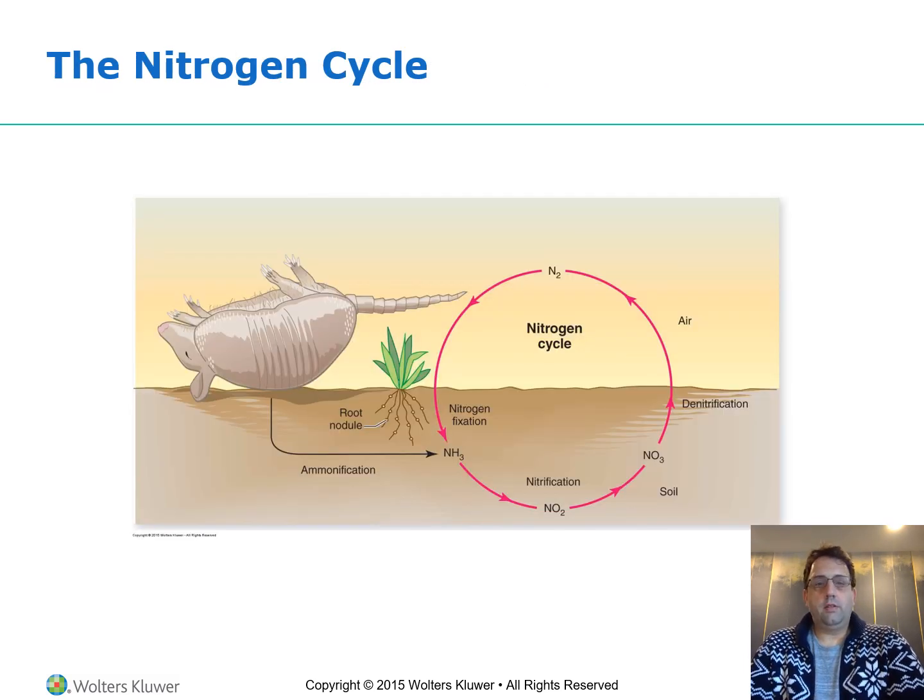So here you go. I don't know why they picked an armadillo, but when a dead armadillo dies, some of the bacteria in here will help break the nitrogen out of its proteins and put it back into the soil. And now the new plant growing can actually benefit from this and make something new.